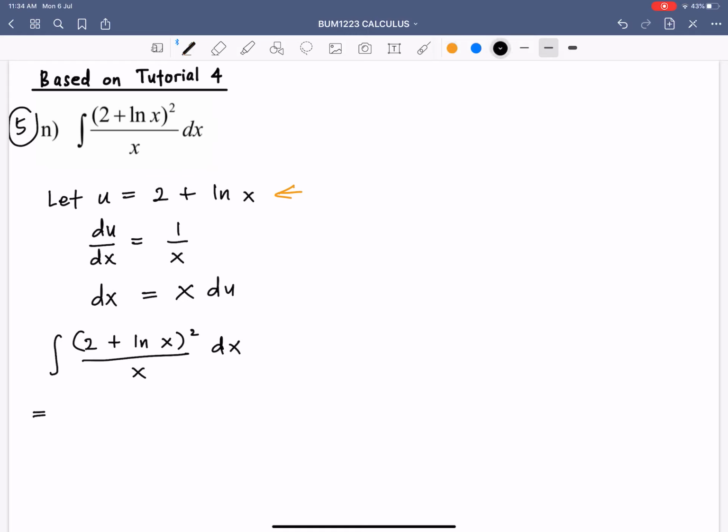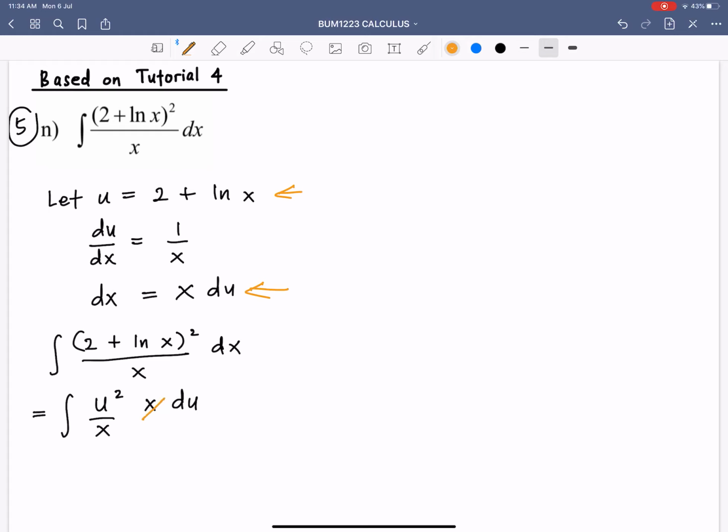So here we can rewrite it as integration u squared over x, and then we have just now dx is x du, so dx is x times du.